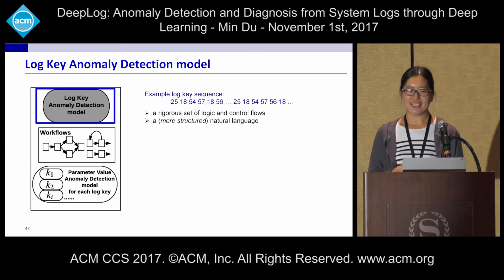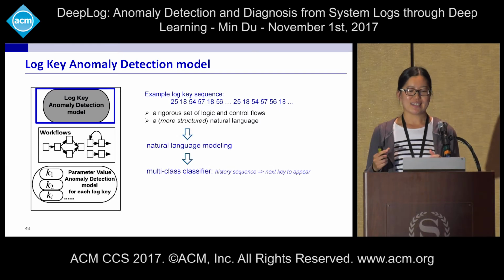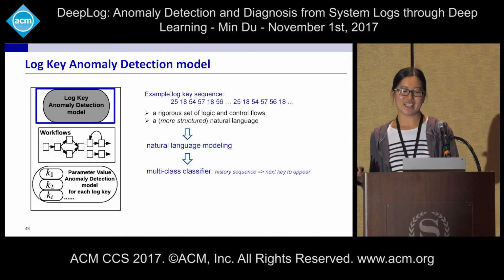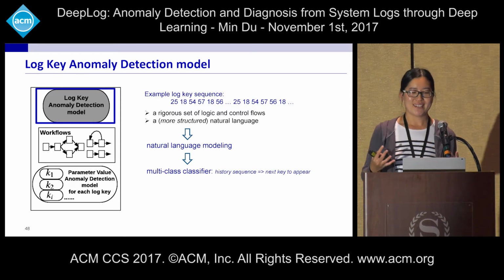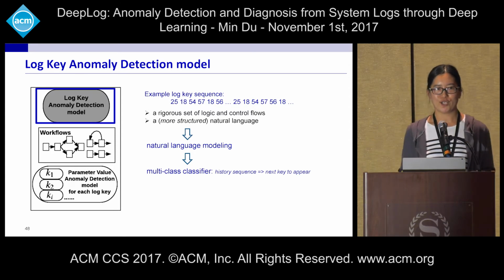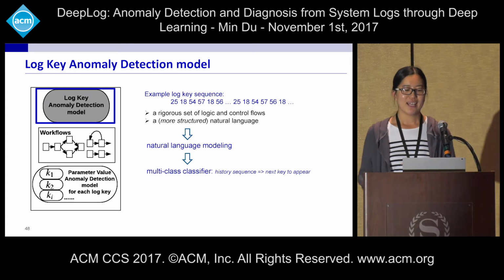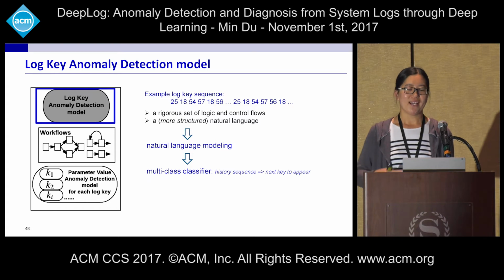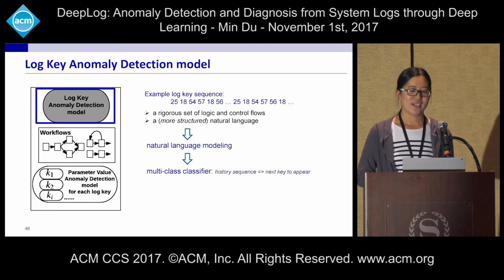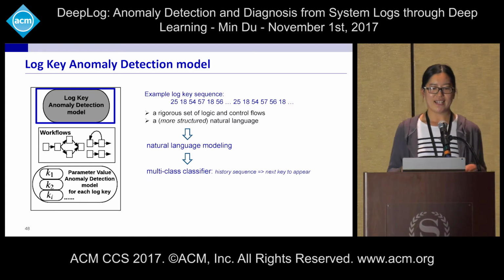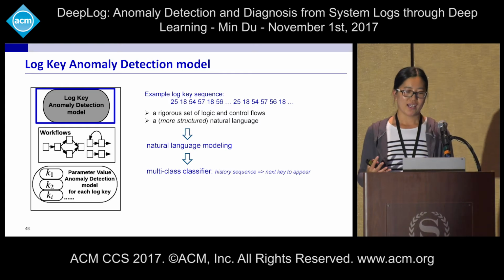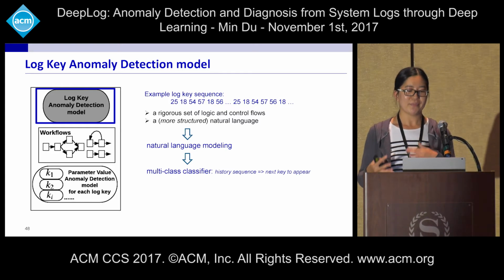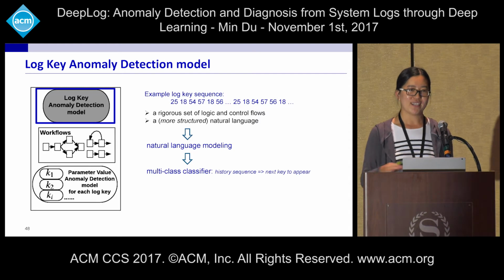So here's the log key anomaly detection model. Note that the log key sequence listed here is actually a rigorous set of logic and control flows generated by the source code. So this could be viewed as a type of natural language, but in a more structured way. Inspired by the idea of natural language modeling, we want to train a multi-class classifier over this normal execution log sequence.